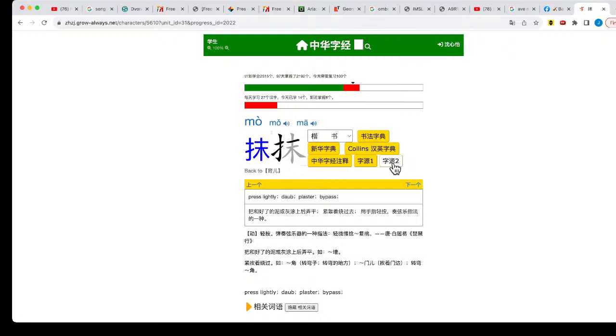还有一个, there's one more meaning, which means bypass or go around. Basically you are going around a corner. You bypass the corner, but you are walking along the wall, close to the wall.